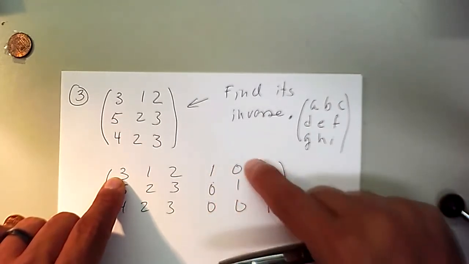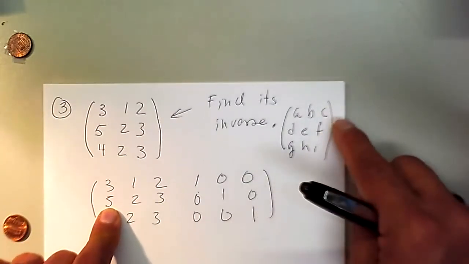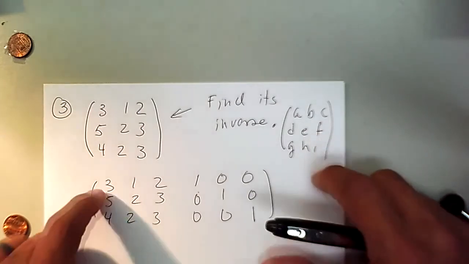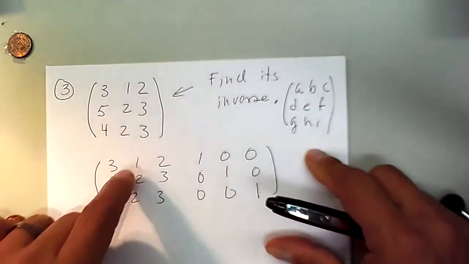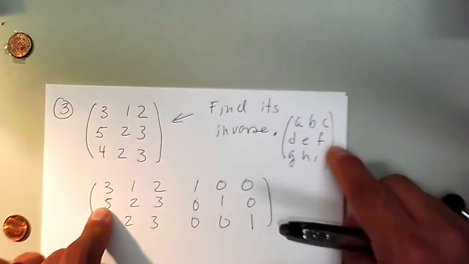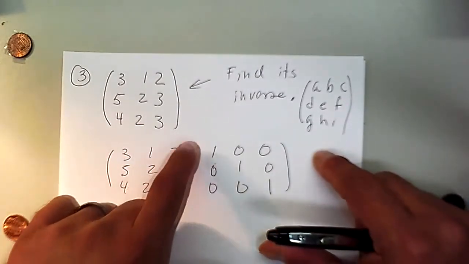But if we match with this column, the 1, 1, 1, and zeros, we're finding actually B, E, H. And if we match the 1, 1, 1, and the zeros, with the third column, then we're finding C, F, I. So it's not like each one of those represents each one of those.